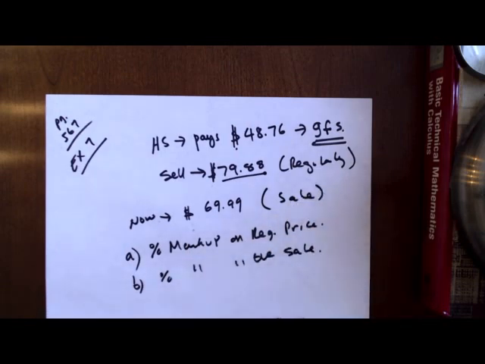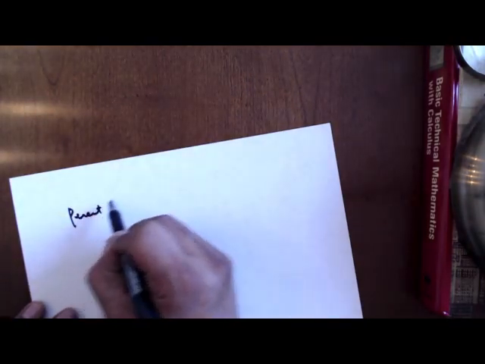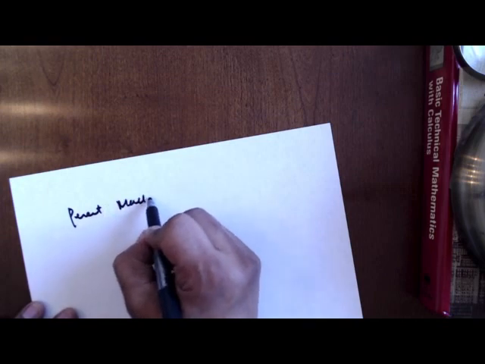So again, we have to do the calculations with the formula. We are going to do part A first, and then we'll do part B to see how much money they are lowering the price of these items. So now we say percent markup.